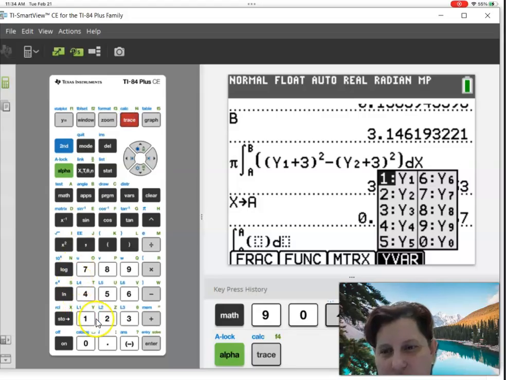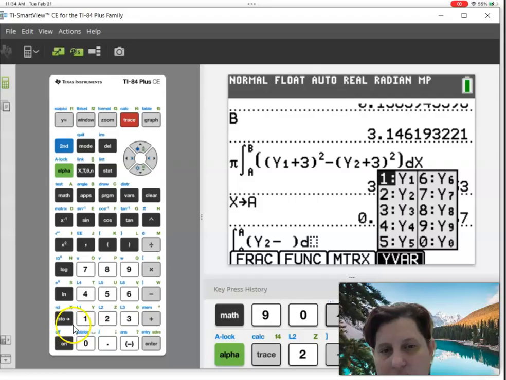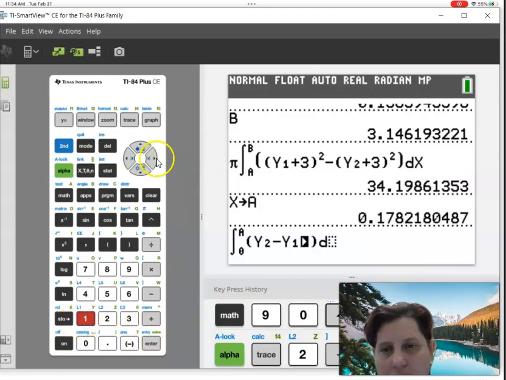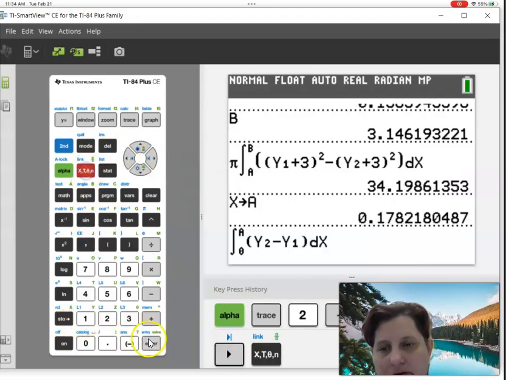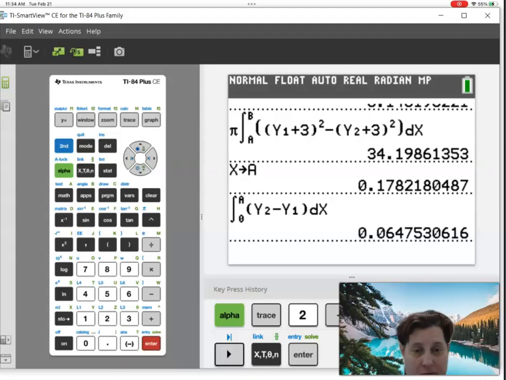So I go alpha trace y2 minus alpha trace y1. And this is a dx. Okay? So the area of this little teeny tiny thing, all right, is 0.06475.